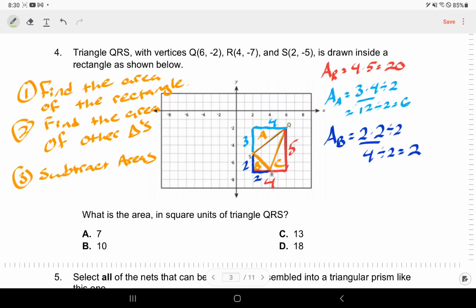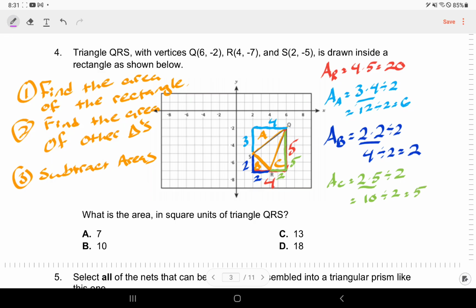And then for C, 1, 2, 1, 2, 3, 4, 5. And so the area of C is 2 times 5 divided by 2. Well, 2 times 5 is 10, divided by 2 is 5.